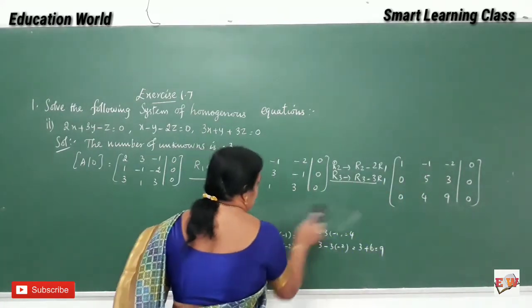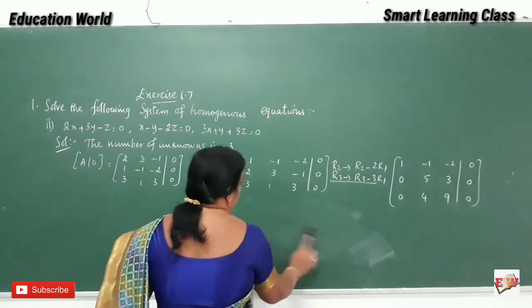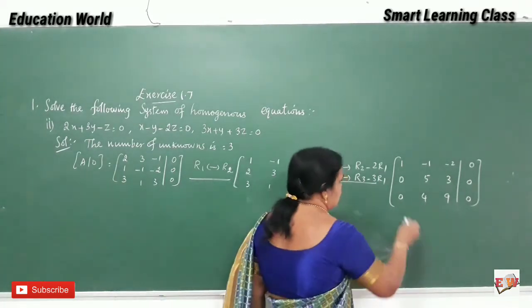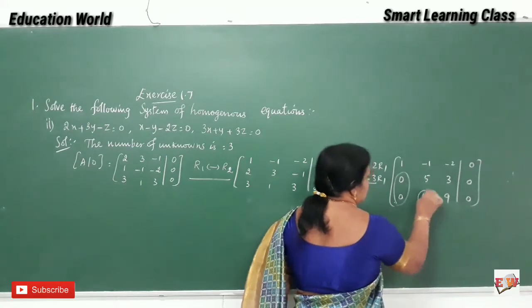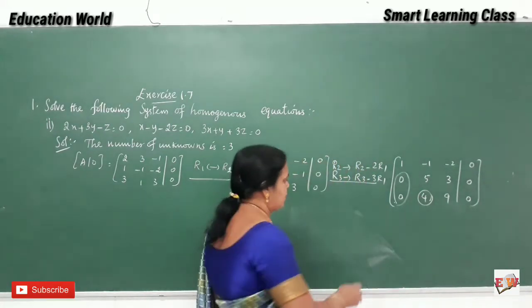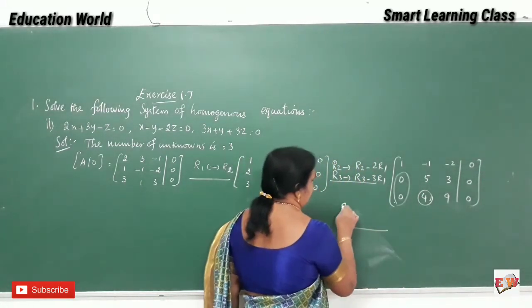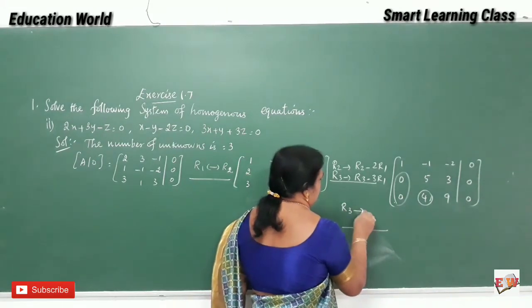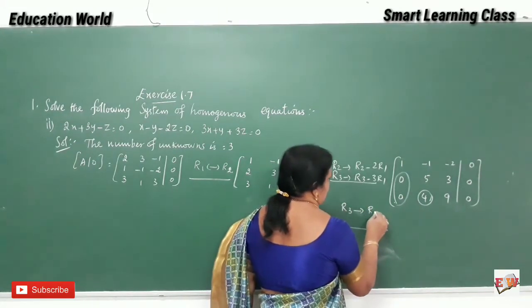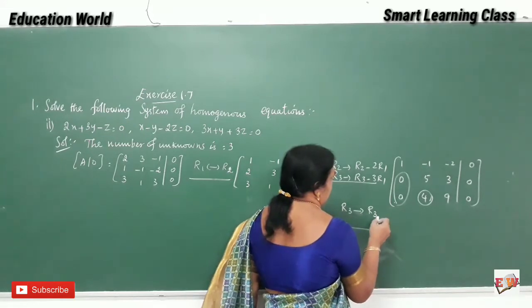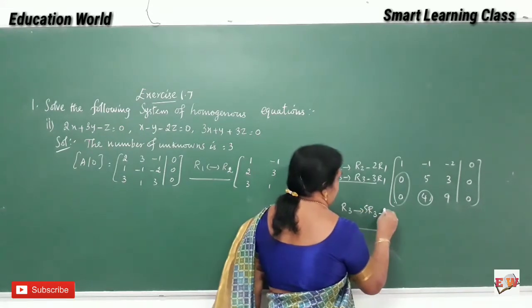We have to reduce this augmented matrix into row echelon form. For that we bring these entries to be 0. This entry should become 0. So R3 becomes 5R3 minus 4R2.